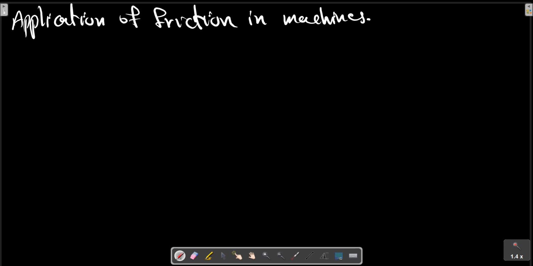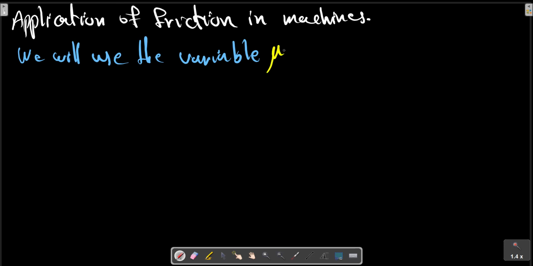Because the conditions in these applications are normally either limiting static or kinetic friction, we will use the variable mu rather than mu s or mu k.